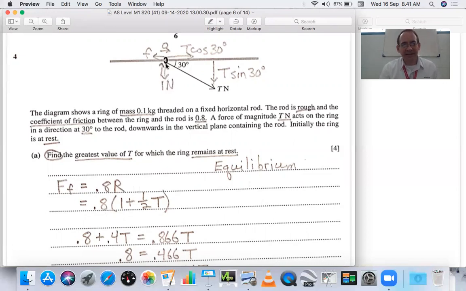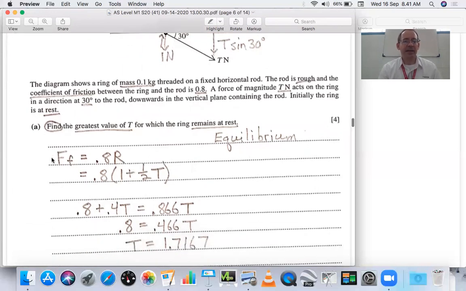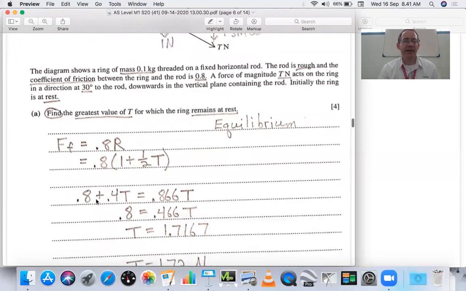So the forces acting down on the ring are the 1 Newton, which is from its own mass times acceleration, so 0.1 times 10 is 1. As well as this force pulling at the 30-degree angle, which also has a downward component of T sine 30, which is a half T. So that means our force of friction in terms of T is 0.8 plus 0.4 T when you distribute that through.